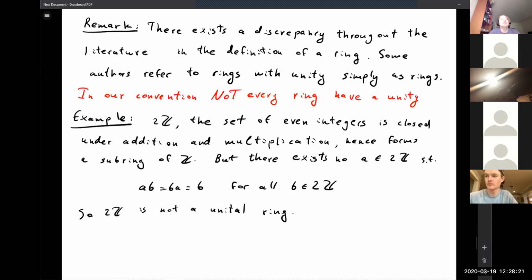So it brings some technicalities to the proofs and overcomplicates them. So that's why the textbook considers all possible rings, not necessarily unital, and we will stick to that convention in the lectures.